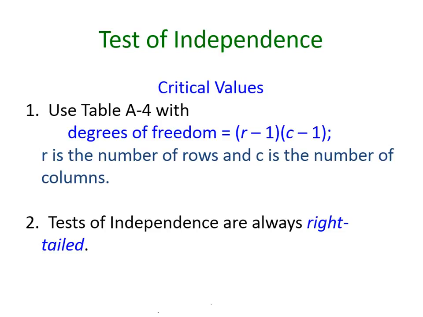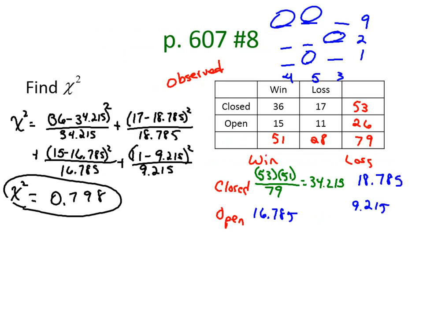If we go back to our example, here we had 2 rows and 2 columns, so the degrees of freedom was 2 minus 1 times 2 minus 1. Well, 1 times 1 is 1 degree of freedom, which is what we said is all we needed was that one value to figure out everybody else.